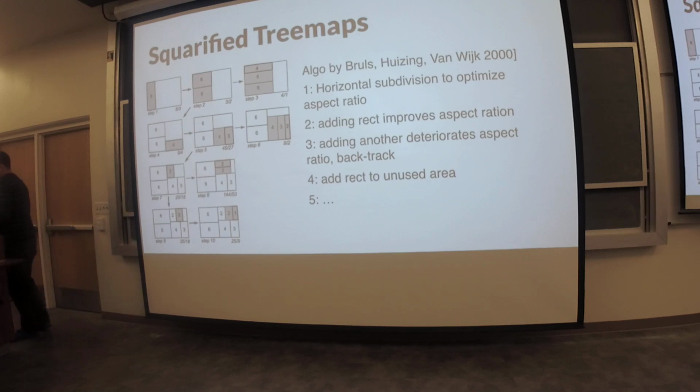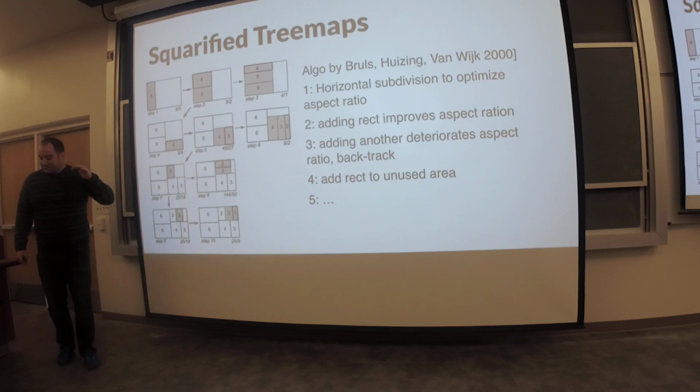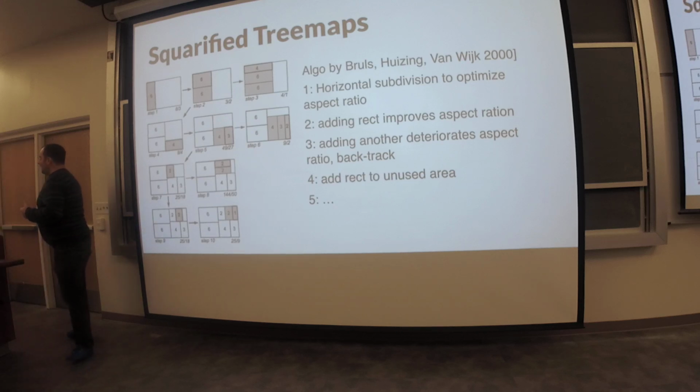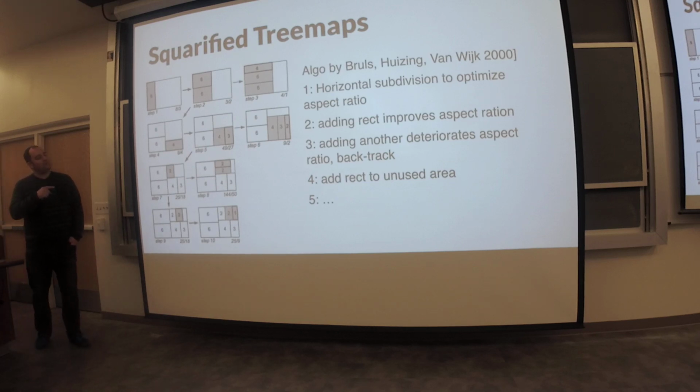And so they proposed this algorithm here. The idea is that you simply keep adding elements iteratively until you start making your aspect ratio worse. In step 1 here, we have this tree that has the elements 6, 6, 4, 3, 2, 2, 1, and we try to make a squarified tree map out of this.